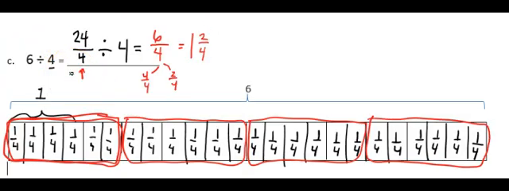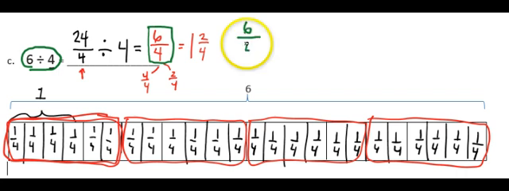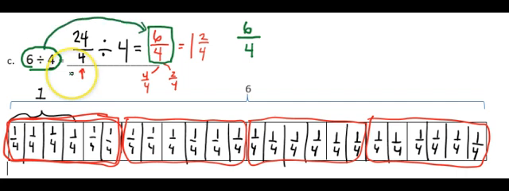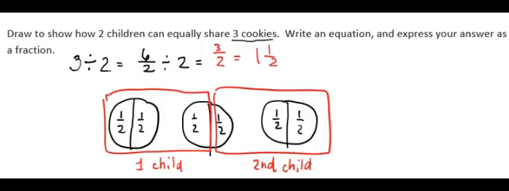This division problem is the same as this fraction. And in problem C, I started off with 6 divided by 4, and I got an answer of 6/4. I can read 6/4 as 6 divided by 4. And in the last problem we did, we started with 3 divided by 2.